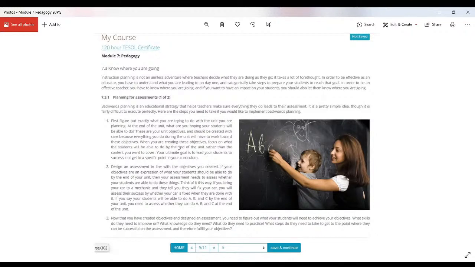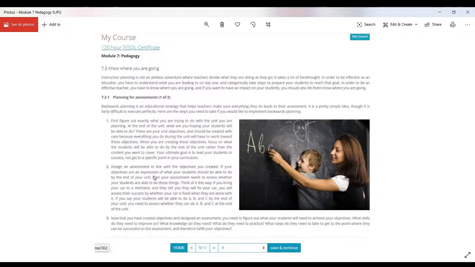When you are creating these objectives, focus on what the students will be able to do by the end of the unit rather than what content you want to cover. All right? Your ultimate goal is to lead your students to success, not get to a specific point in your curriculum. Okay, pumapasok din dito yung vision, mission, right? Okay, but to sum it up, it's about our objectives.